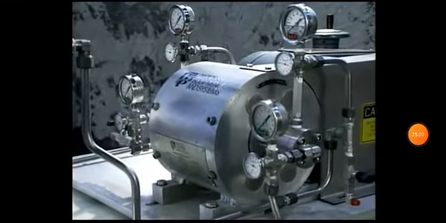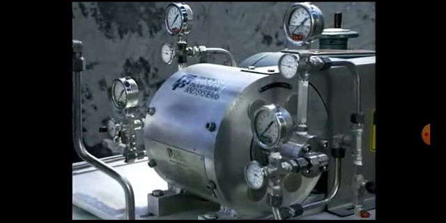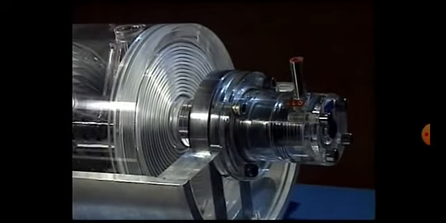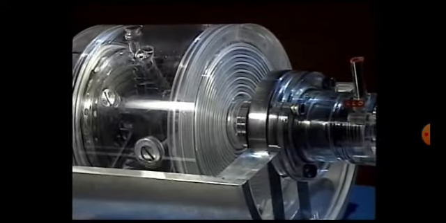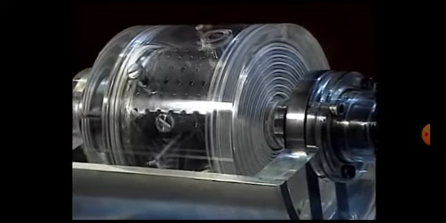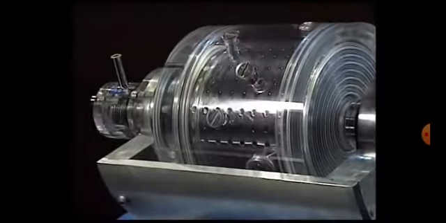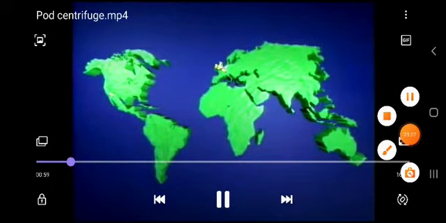This is the Podbielniak centrifugal extractor, which is operated continuously, and it is very useful for the separation of light liquid phase from heavy liquid phase. So this video shows the arrangement. This is the rotor which is rotating horizontally. You can see there are pipes inside as well as there are holes inside.